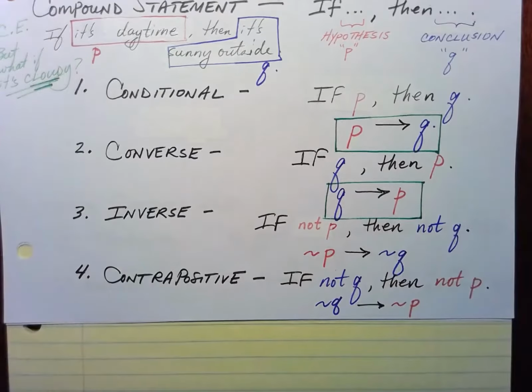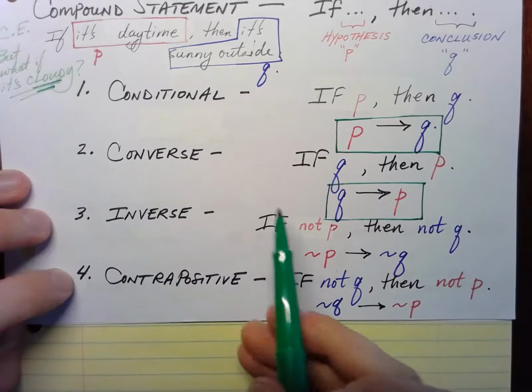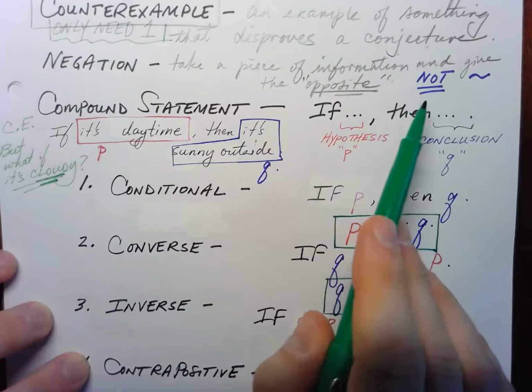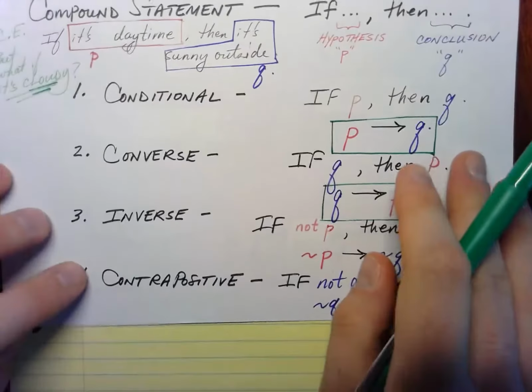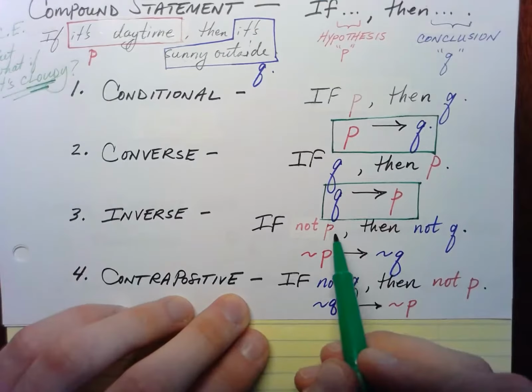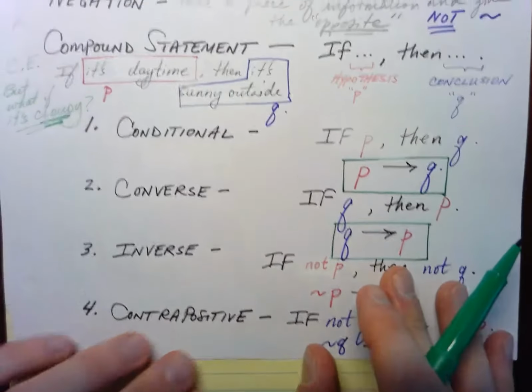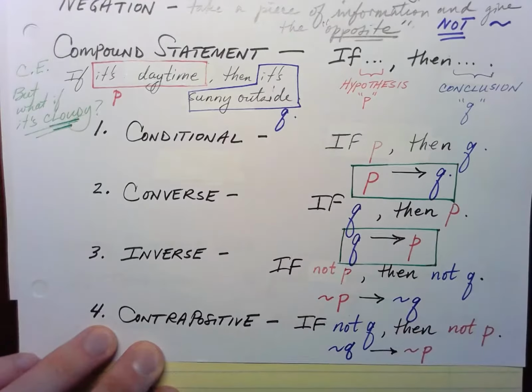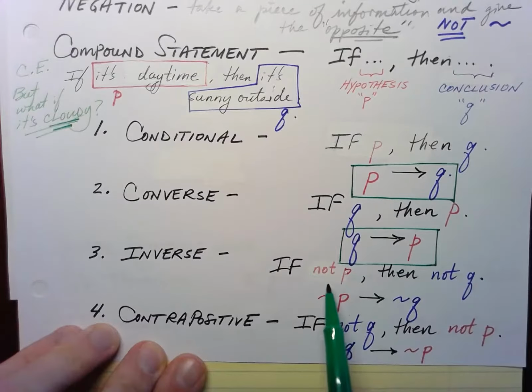Similarly, we have something called the inverse, which is where we take the negation, remember the negation up here, by putting the not in there and the little tilde, the negation of both P and Q in the original order. Okay, so we're not changing the order yet, we're just leaving it if P then Q, but we're changing them both to not.